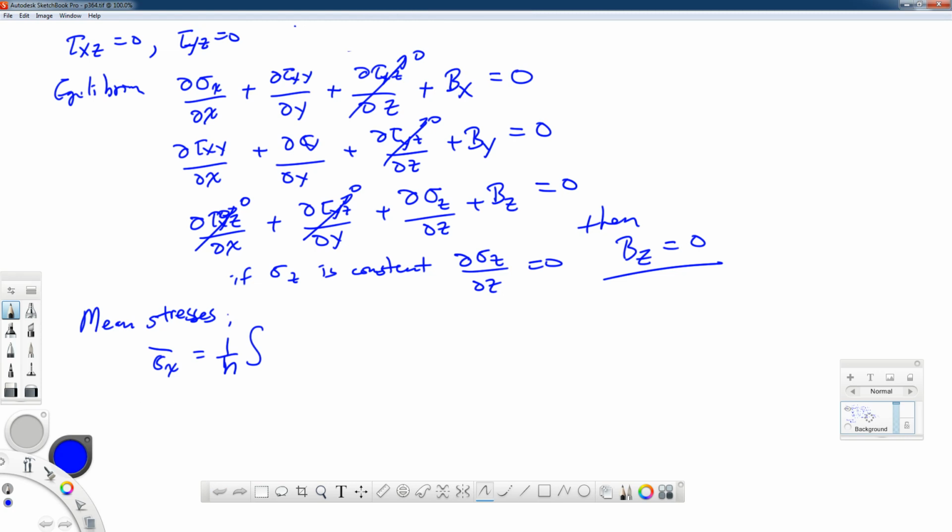So we have our stress on the middle surface, sigma x bar, equal to 1 over h, integrated from minus h over 2 to plus h over 2 of sigma x integrated over the thickness in the z direction. And likewise, similar expressions for sigma y bar and tau xy bar.